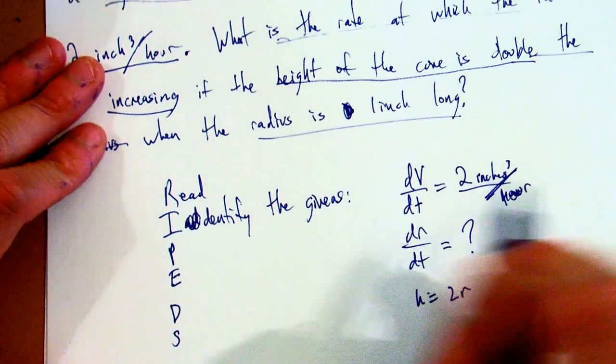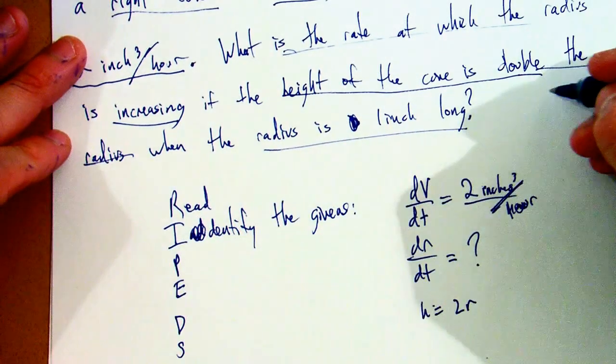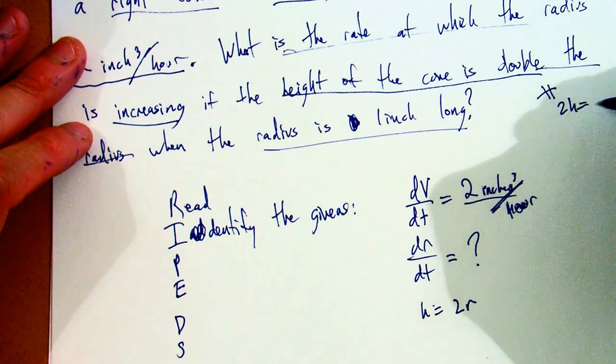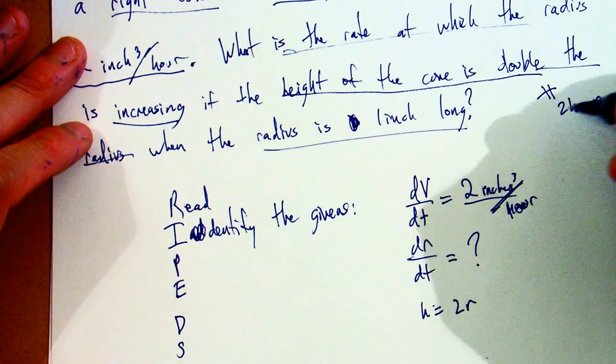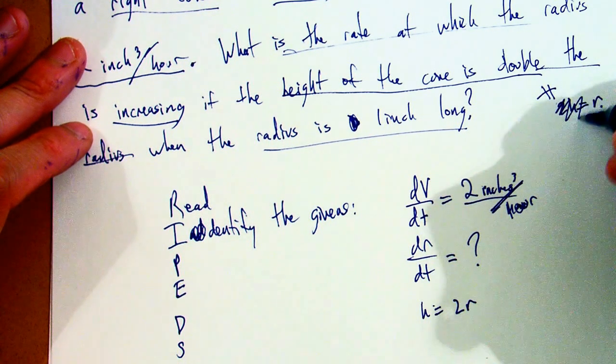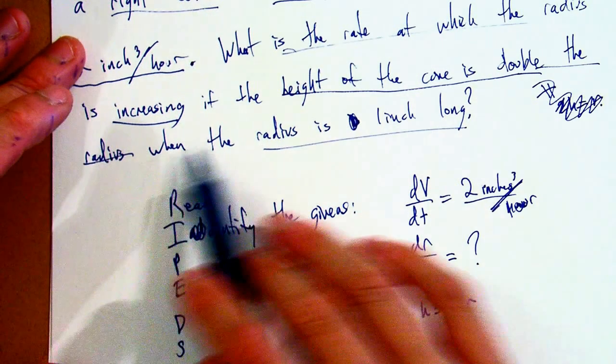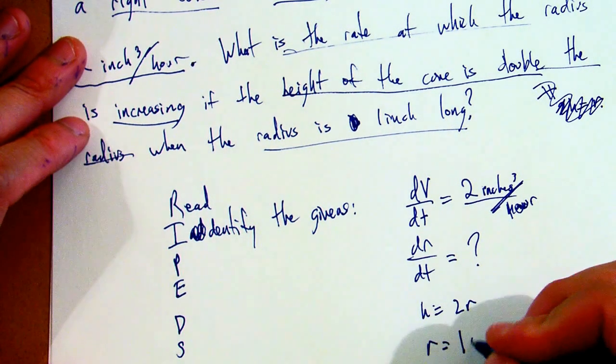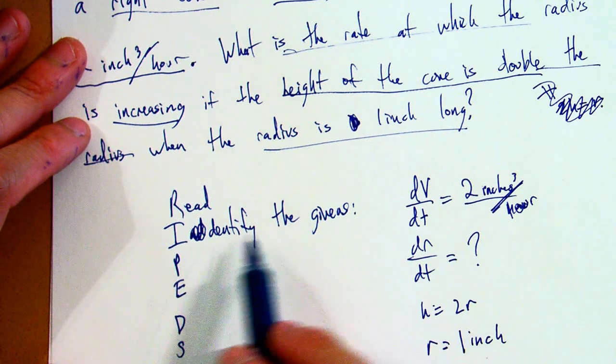Note, it's not that 2h is r, which would mean that the radius is 2 times the height. That's not what this is saying. And it says when the radius is 1. Okay, so I have my givens.